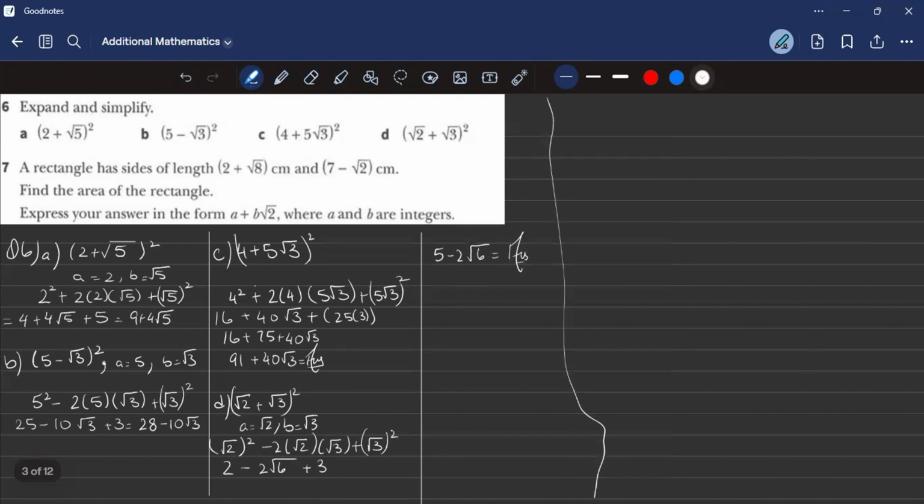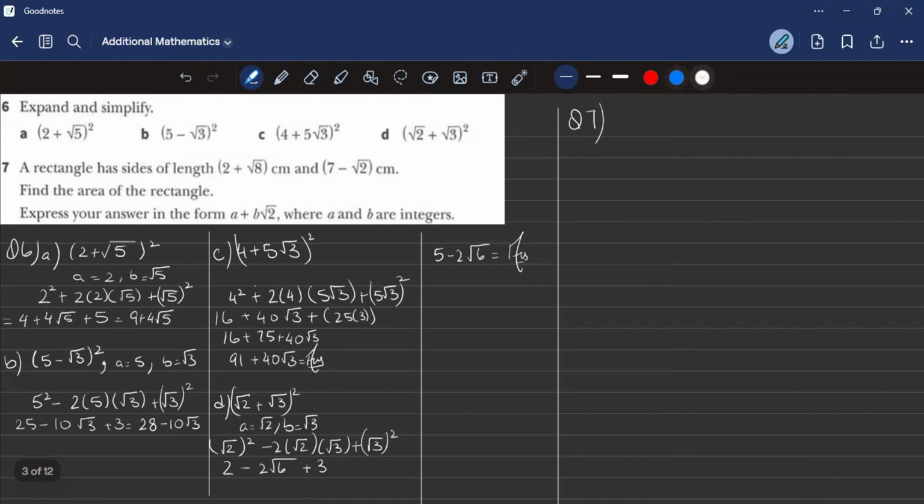Now for question number 7, we're going to take this up on the next slide. Question number 7 is telling us a rectangle has sides of length 2 plus under root 8 and 7 minus under root 2. Find the area of the rectangle.